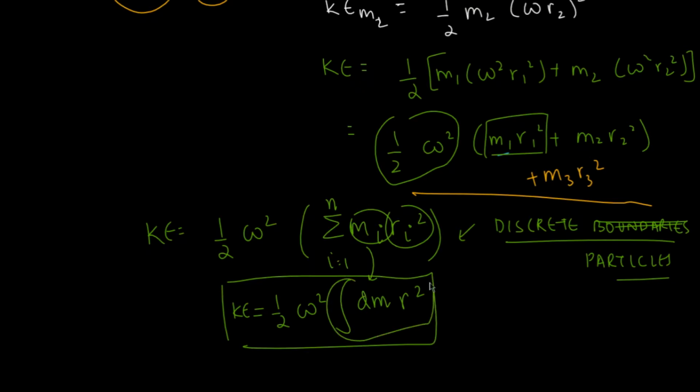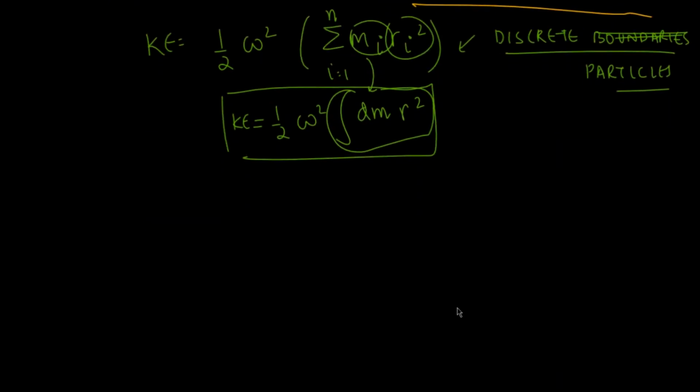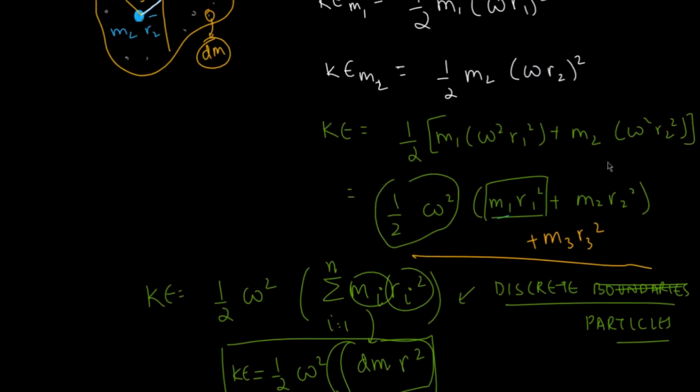This rather seems a bit ambiguous, since the integral of dm times r squared would not have made any sense to you if you are visiting this for the first time. However, what this represents, notice, is that let's just take the discrete example first.